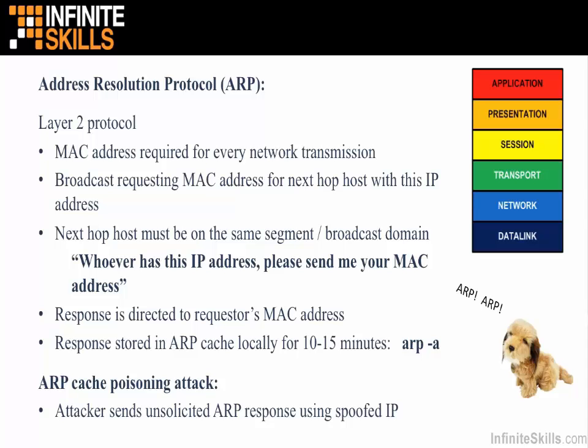Now, this lends itself to a particular attack, a vulnerability with ARP, and that is if a bad guy can convince your computer that he is 192.168.10.15, when he's not really, he'll send his MAC address to your computer as an ARP response. And now your computer thinks it's actually sending to the legitimate destination of 192.168.10.15.